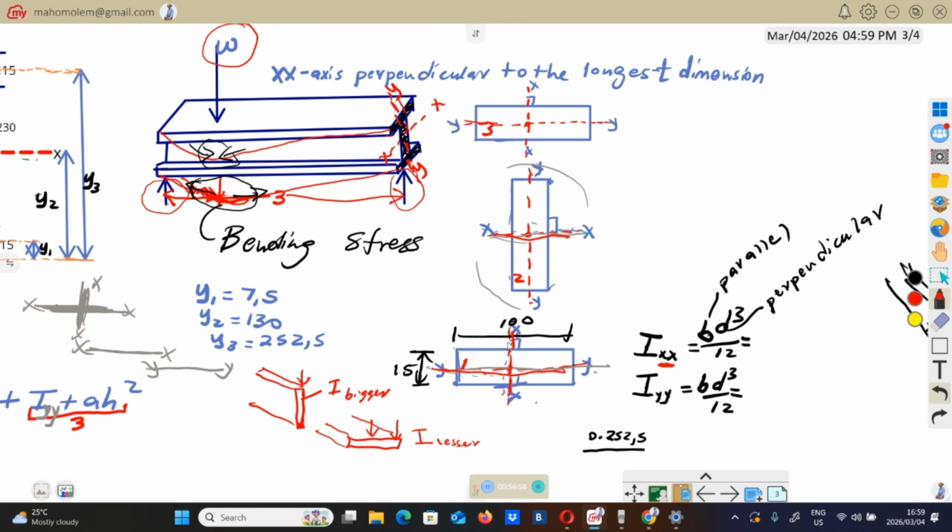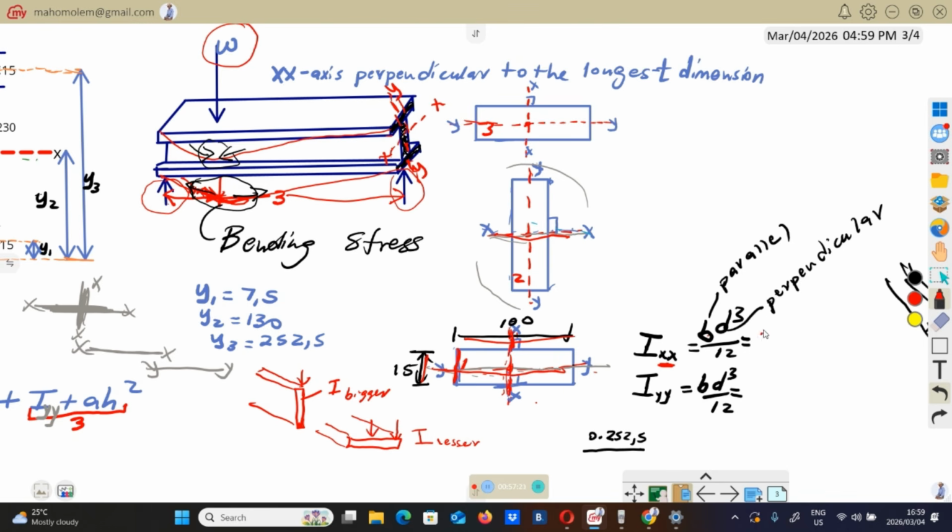Between 100 and 15, which one is parallel to XX? The dimension parallel to the x-axis is going to be this one, 15.